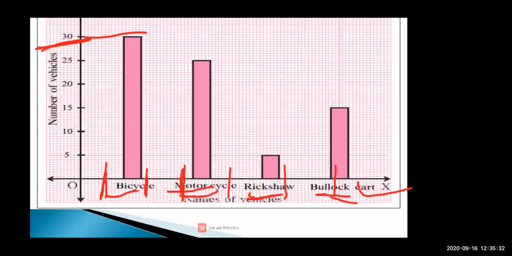Leave one box, then write name. Then once again leave one box, then write the name of motorcycle. Then once again leave one box, then write the name of auto rickshaw. Then once again leave one box and then write the name of bullock cart. Is it clear? You have to leave one box.